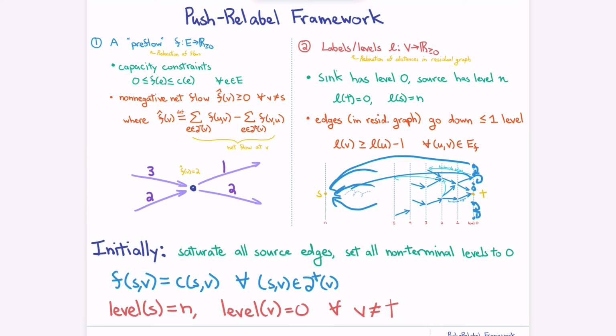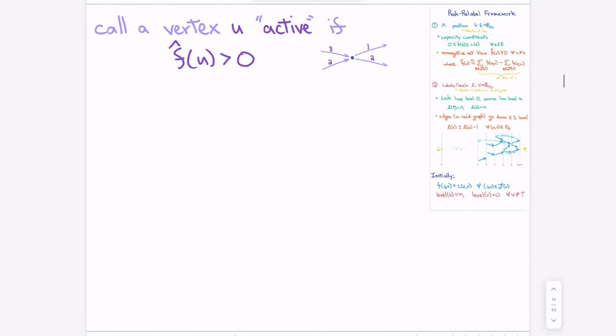We're going to say a vertex somewhere in the middle is active if it has positive net flow. I'm using f hat of u for the net surplus at that vertex. Given f, f hat of u is the amount of flow going into u minus the flow going out of u. It'll always be non-negative.